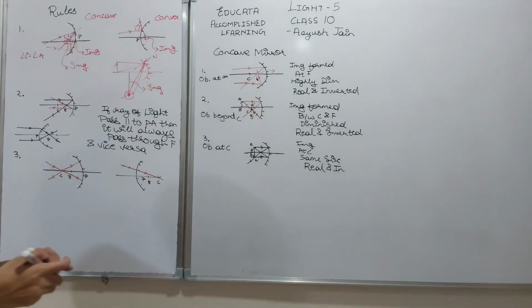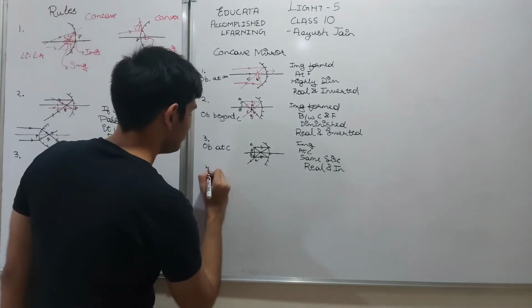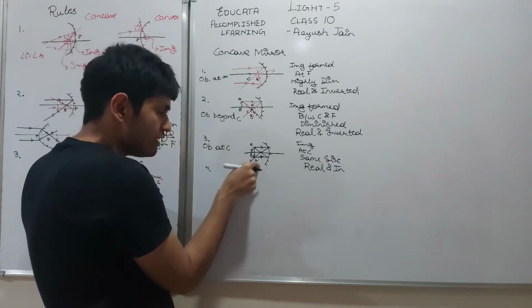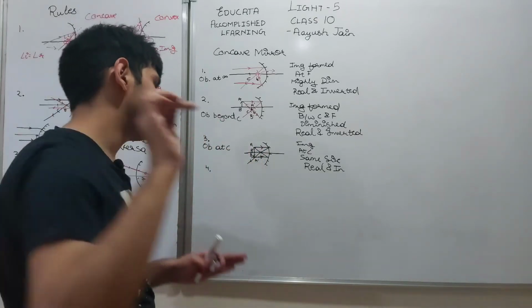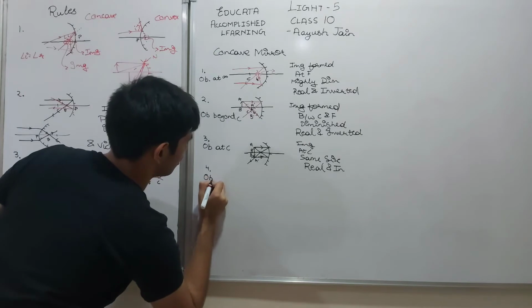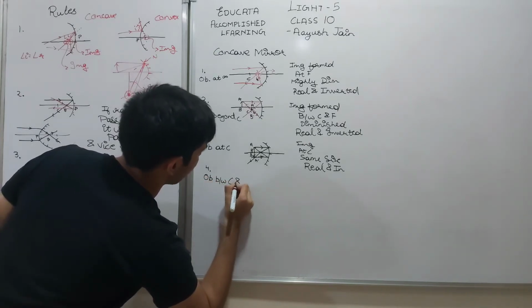Now comes the fourth diagram of the day. Yes, now we are moving towards this side, means the object is present between C and F, okay, between the center of curvature and the focus. Object between center of curvature and focus.